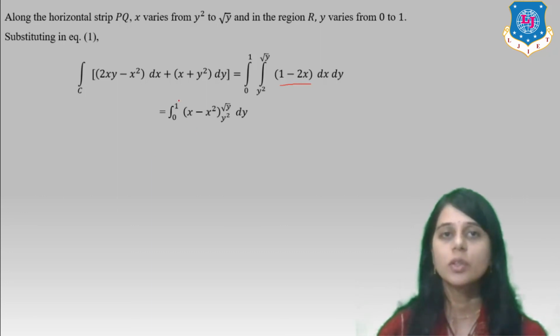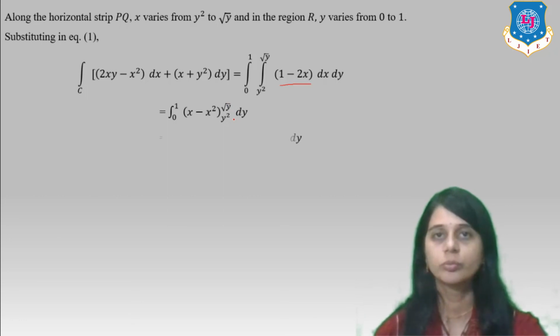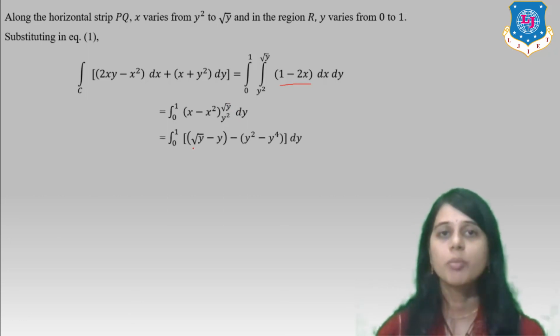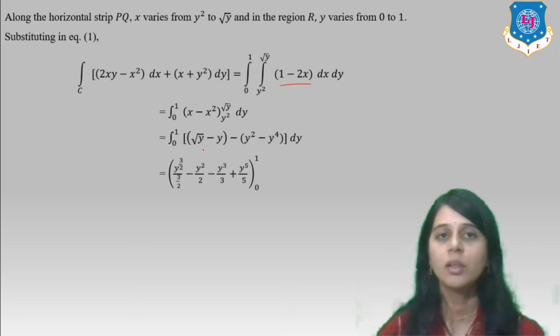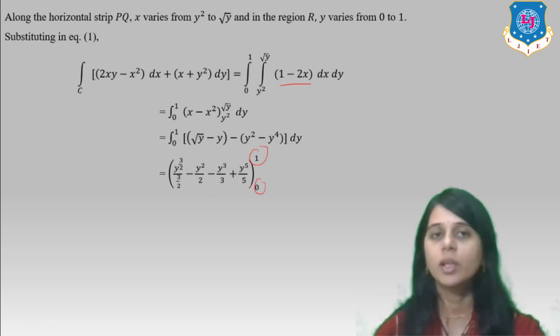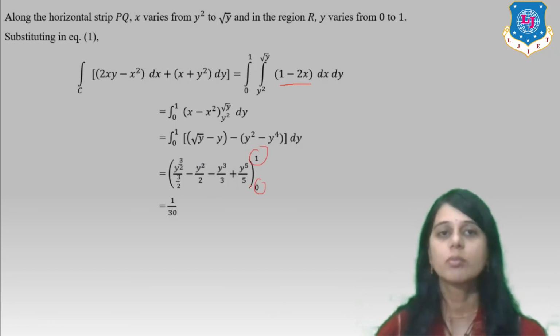So the integration 0 to 1 of x minus x square from y square to root y dy. Put the upper limit minus lower limit, this is an integration in the form of y. Integrate this again with respect to y. Put upper limit 1 and lower limit 0, we get 1 by 30 as the answer for the region.